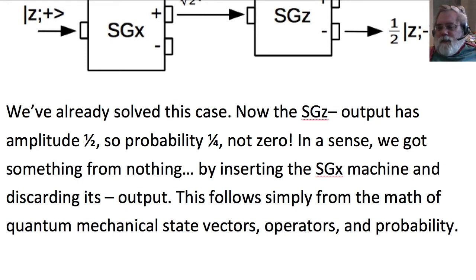This can seem mysterious, and you might even think it's wrong, but it actually follows simply from the math of quantum mechanical state vectors, operators, and probability. It's an aspect of two-state systems.